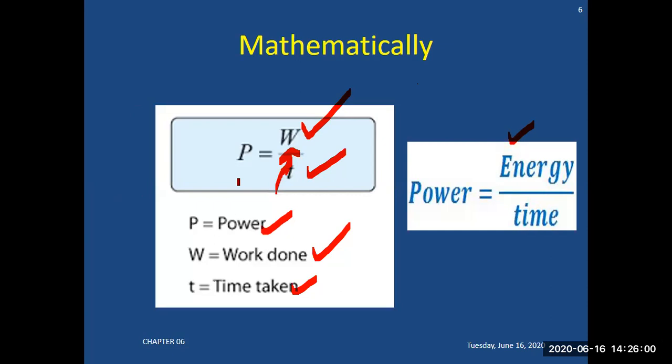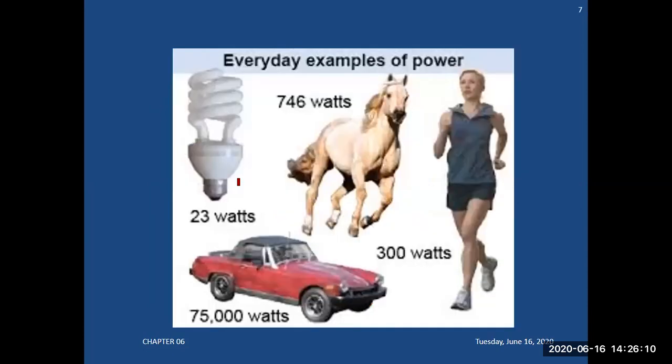You write the formula to calculate power, that is energy consumed per unit time, and then you considered different examples where power is consumed, where some amount of work is done per unit time. These are the different examples. This is a bird, consuming some amount of energy with time, and this is the horse.